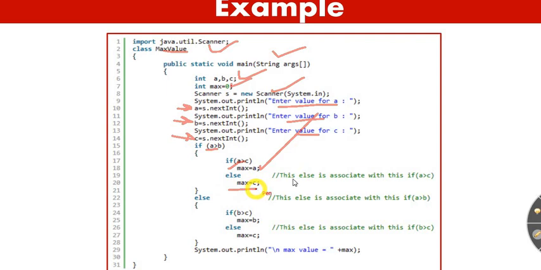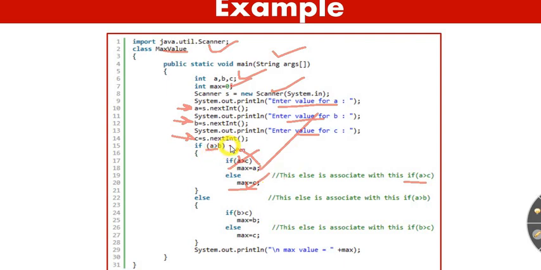This else is associated with the if a is greater than c, so make sure that this else is only applicable if this condition is there. That means if this condition fails, what does it mean? If a is greater than b, but this condition is false, it means a is less than c. That means who is greater? C is greater. Fine.